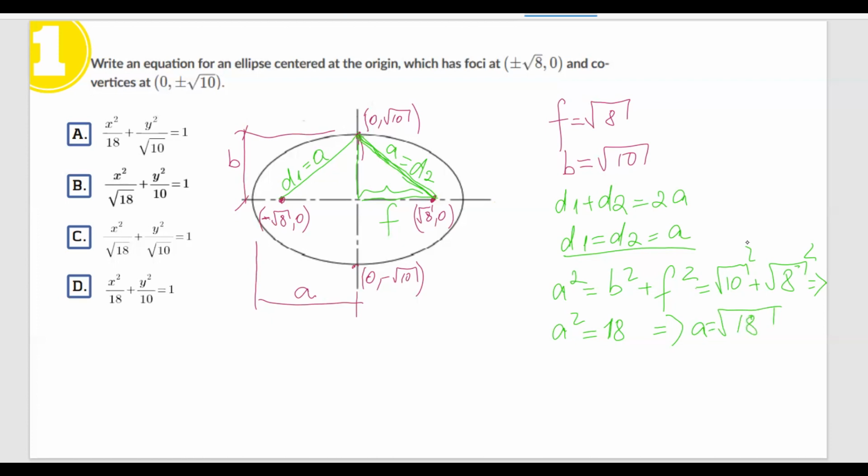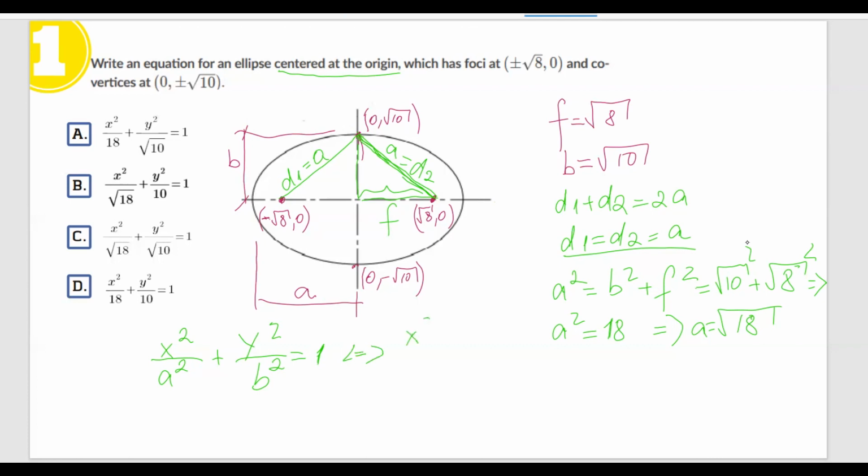So let's now write the equation of this ellipse. We know that it is centered at the origin, so the general form is going to look like this: x squared over a squared plus y squared over b squared equals 1. Now let's plug in what we know.